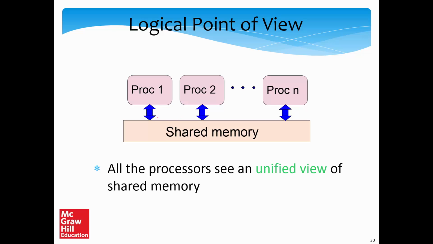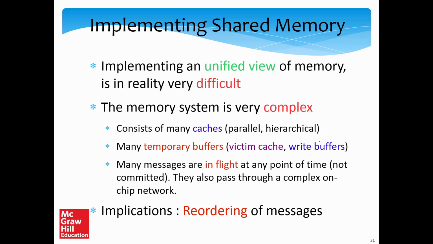Of course, this is an ideal situation of what it is that we want to have. In reality, this theoretical model that we have over here will have different implementations. So let's first look at what the main challenges are. Implementing a unified view of memory is in reality pretty difficult.